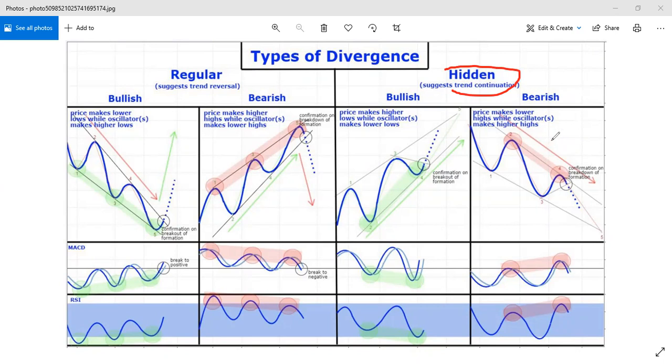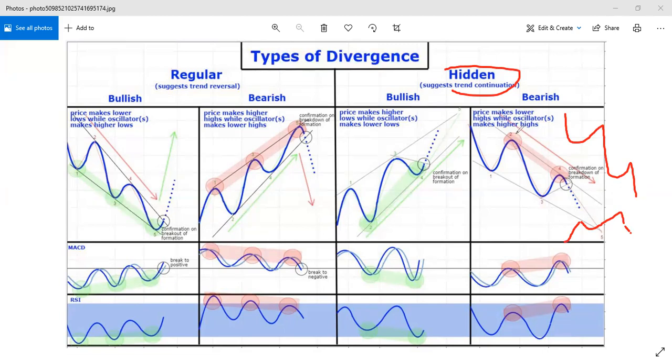The first thing we want to see is price making lower highs, all right? Lower highs, which is something like this, as you can see right in front of you, price dropping in this direction. Then you want to see the oscillator going in the opposite direction of the trend.